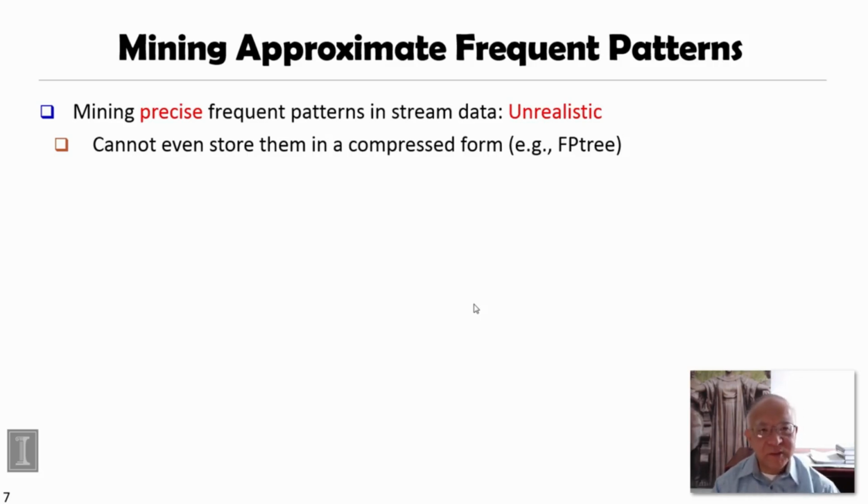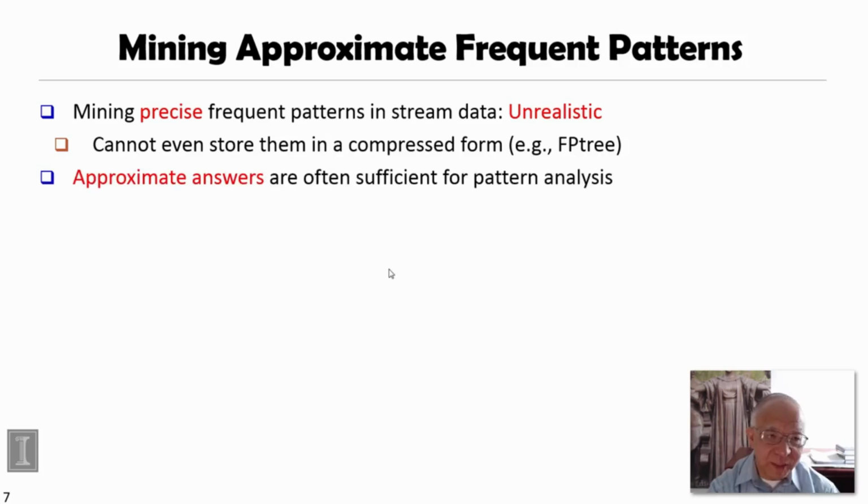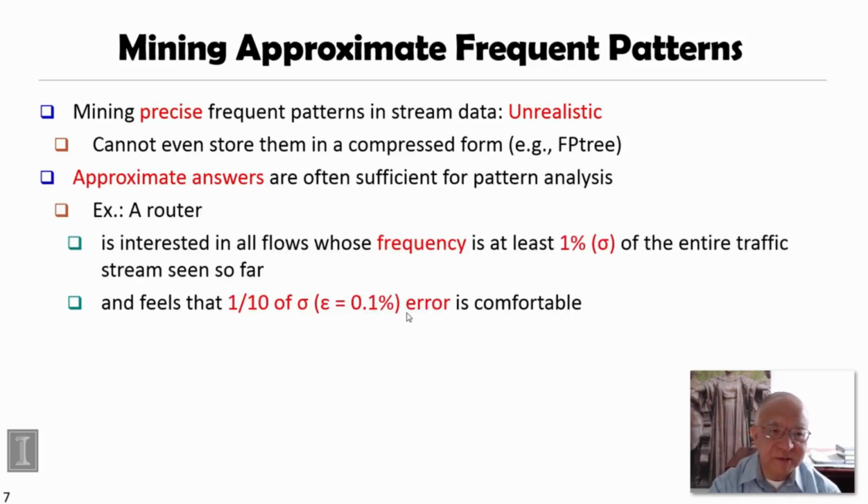And even for the ones you can hold, because they are so big, you cannot store them even in a compressed form like FP-tree. So what we expect is to find approximate answers. But in many cases, an approximate answer may be sufficient for our analysis purpose.